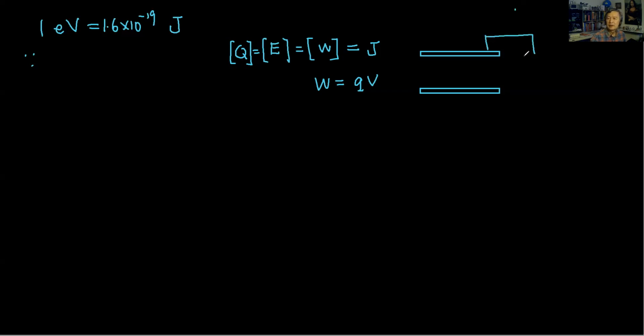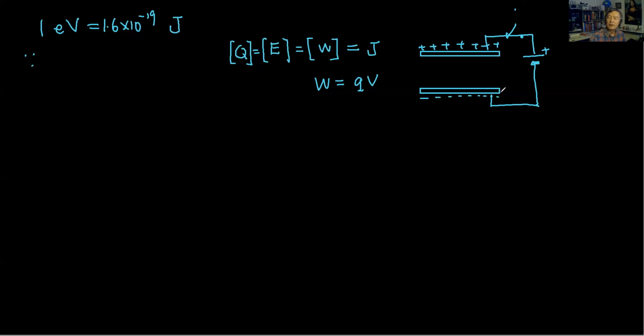If you connect the battery, this is the positive side and this is the negative side. Because there is a gap, the electric charge cannot move. Once you put a switch here and switch on, the electrons will jump to these 2 sides. So the positive charge will stay here and the negative charge will stay this side.